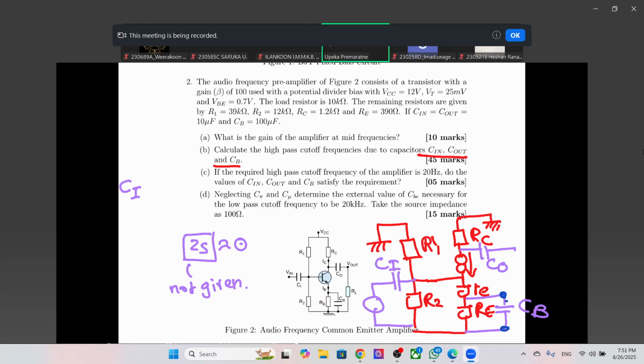So we open circuit this, and we open circuit this too. Sorry, this has to be connected across the load. It has to be connected across the load.